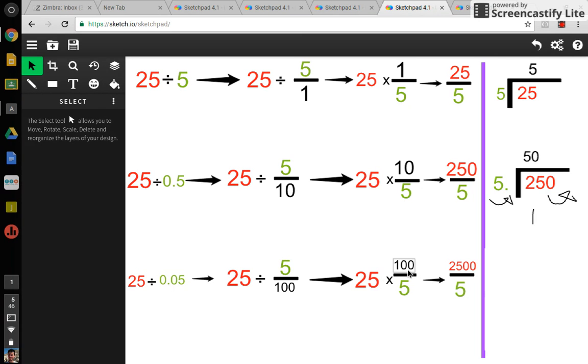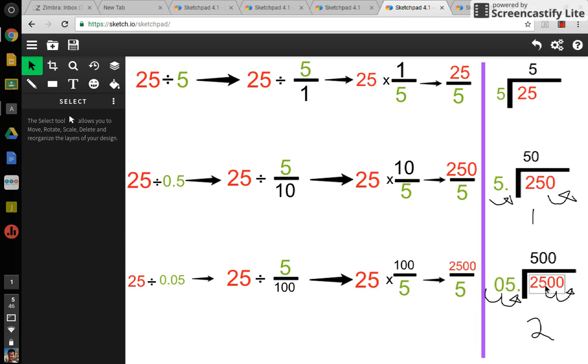We multiply our tops to get 2,500 over 5. Before I reveal this, boys and girls, pause the video and see if you can predict how our dividend will change, how our divisor will change, and altogether how many jumps we will be making.